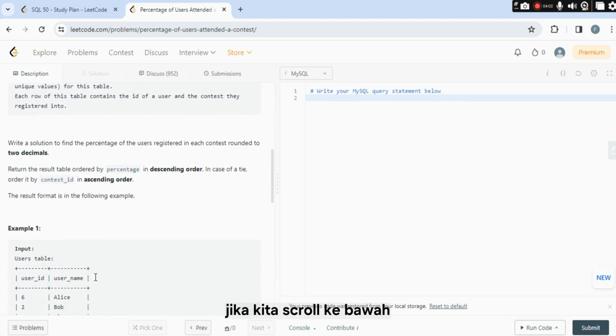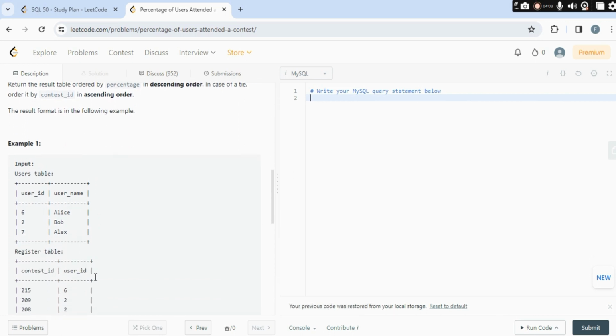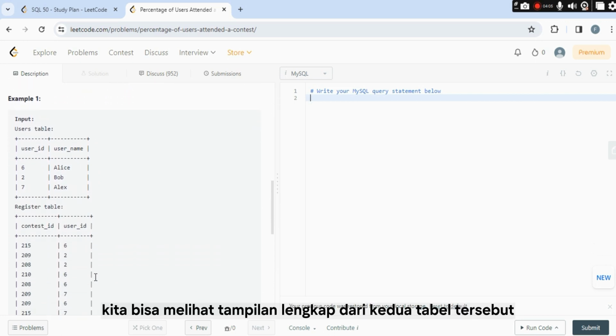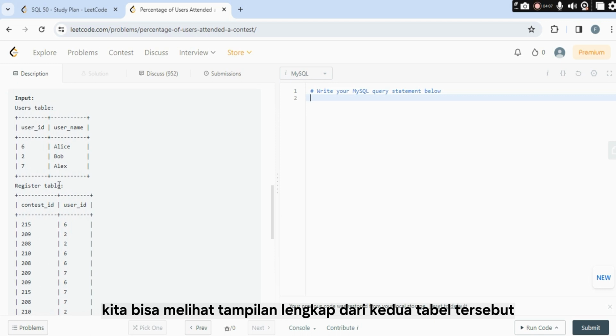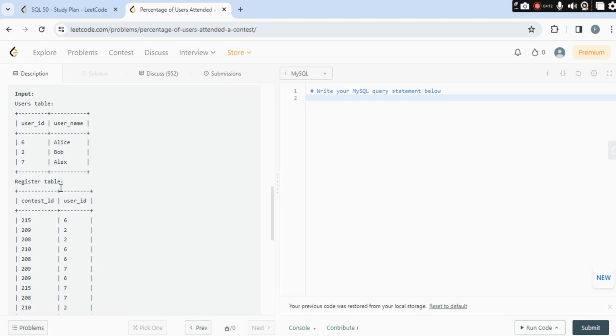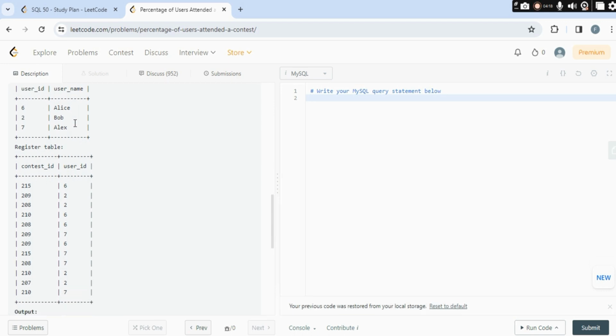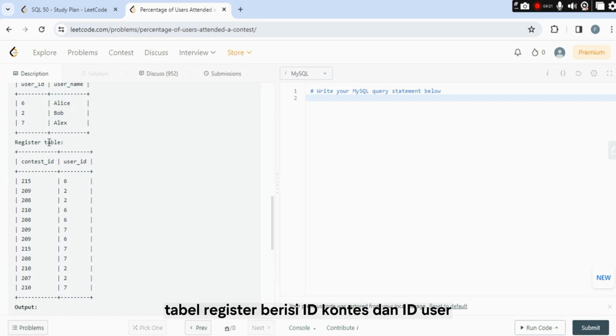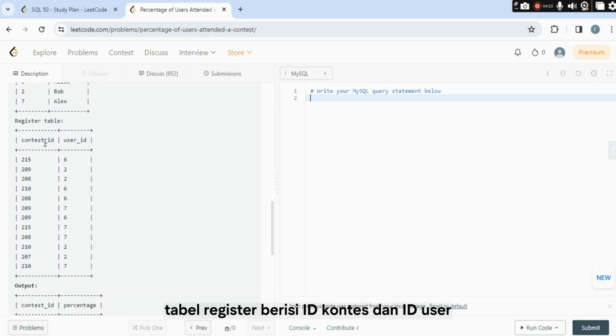If we scroll down, we can see the complete view of these two tables. The users table contains user ID and username. The register table contains contest ID and user ID.